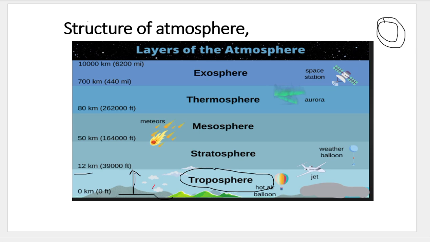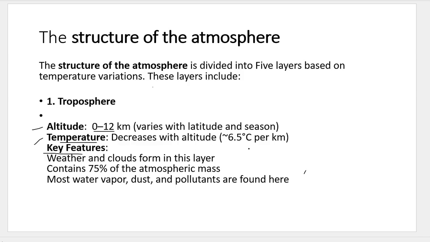As you go up, the temperature will decrease. The rate of decrease is around 6.5 degrees centigrade per kilometer from the surface. As you go up 1 kilometer, the temperature will decrease by 6.5.